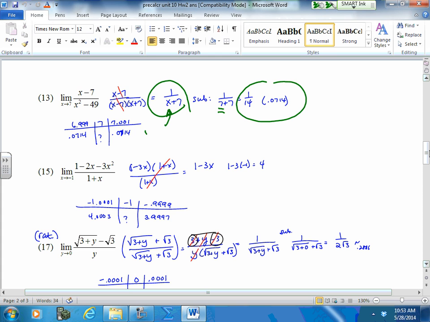Now, I confirmed it on my calculator. As I approach 7, my calculator says error. But it came from the left and from the right. It converged at that y point, which is your limit for that value. Okay? Get that chart, you just put it in the y equals.